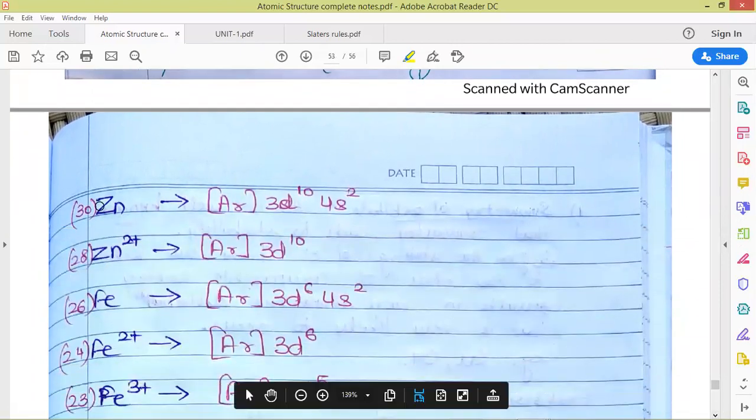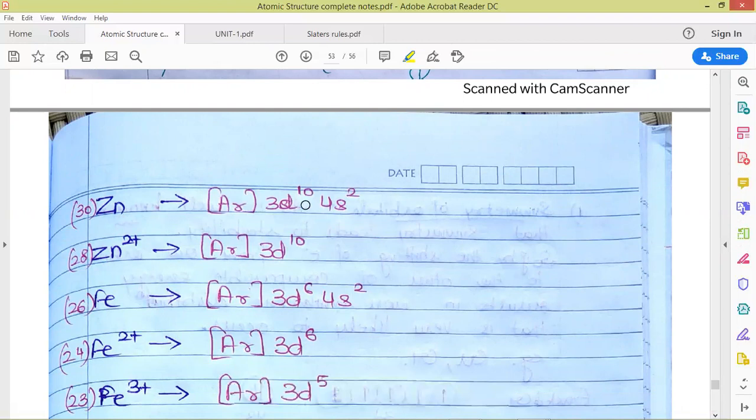Let us see how it happens. This is zinc with atomic number 30. It has the electronic configuration of argon 3d10 and 4s2. So for the formation of zinc 2 positive, 2 electrons are required to be removed. Here the 4s orbital has lesser energy in comparison to the 3d orbital. This we have already discussed based upon the Bohr-Bury rule, or the n plus l rule.